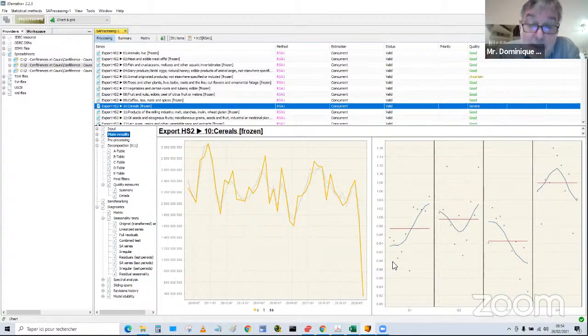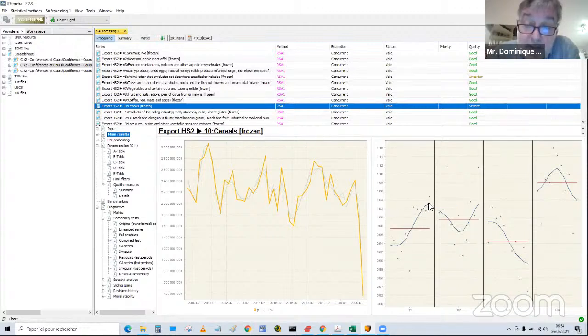It depends. When you have a multiplicative model, as in this case, this is simply the value of a seasonal coefficient. So if you take the blue curve, the value here is 1.031. So this is exactly the value.